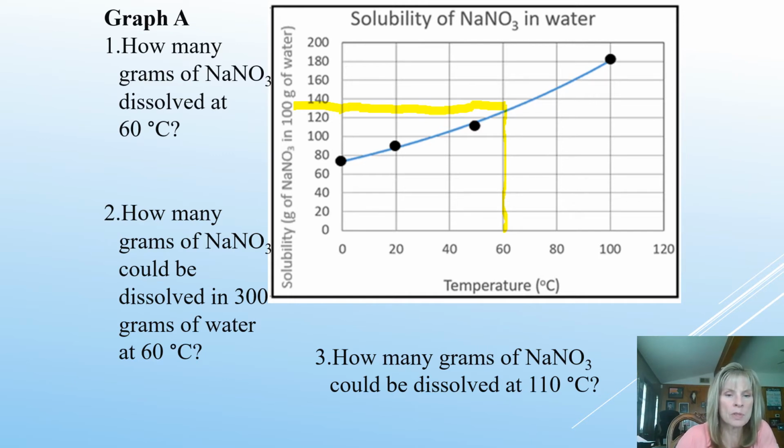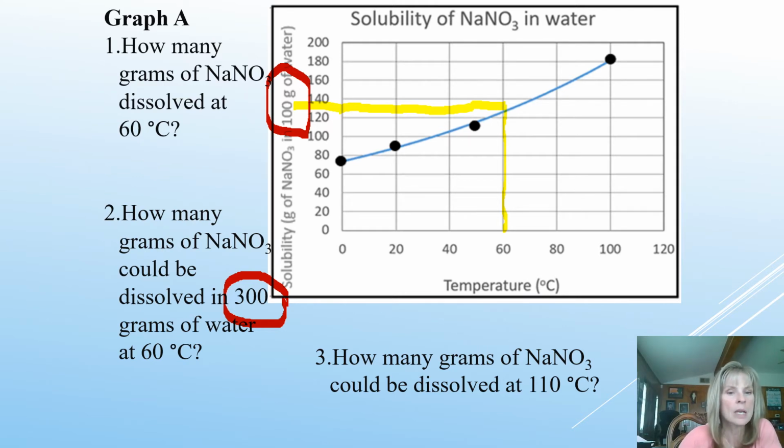How many grams of sodium nitrate could be dissolved in 300 grams of water at 60 degrees? Okay, well, this is kind of a trick question because these solubility graphs are in 100 grams of water. This is asking you about 300 grams of water. So what do you do? Well, you find the solubility on this graph in 100 grams of water and you multiply it by 3.